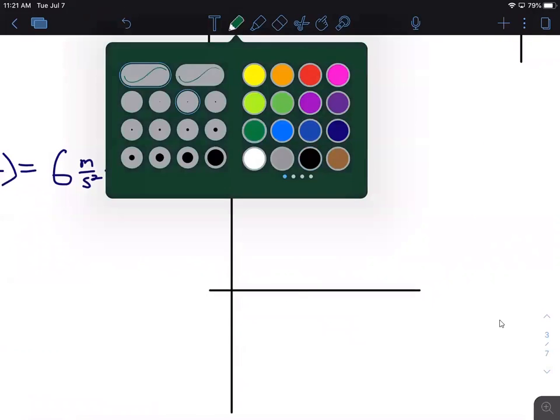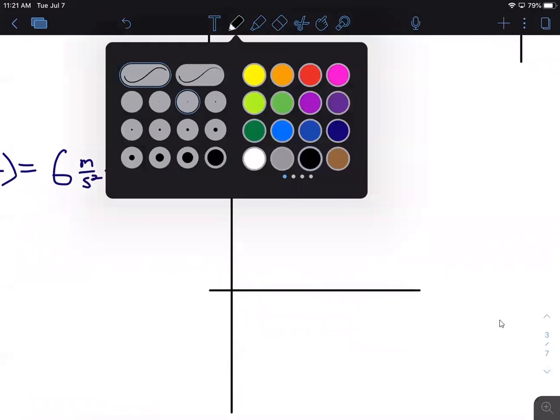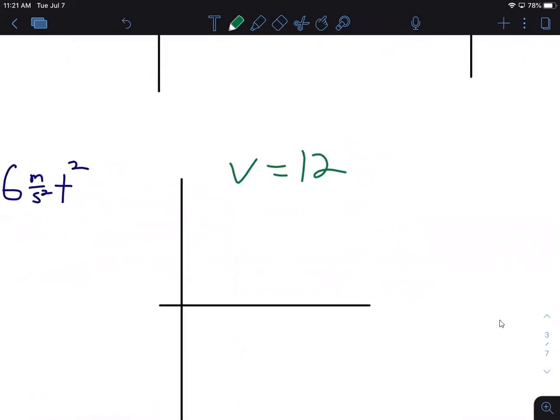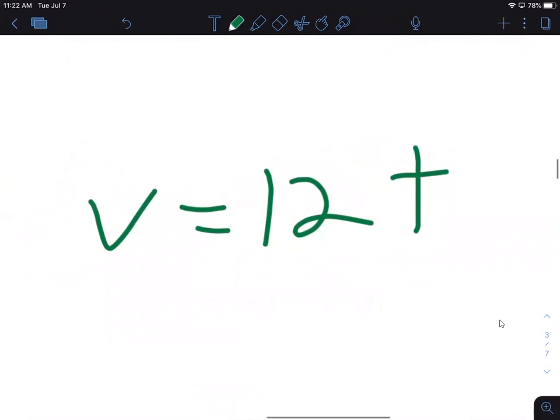All right, so velocity, using my equation, which hopefully you have written down, so I have to go up to it. I bring this 2 down, 2 times 6 is 12. And then t squared, that 2 minus 1 becomes just t. Meters per second squared.